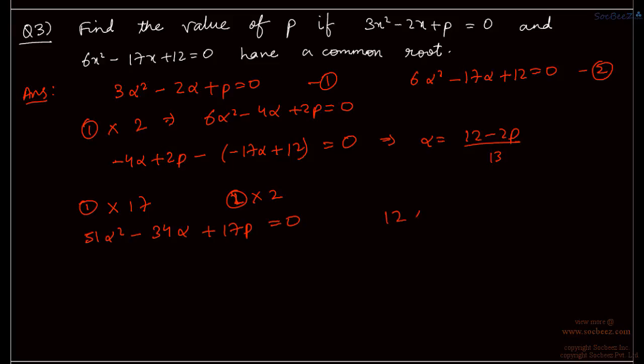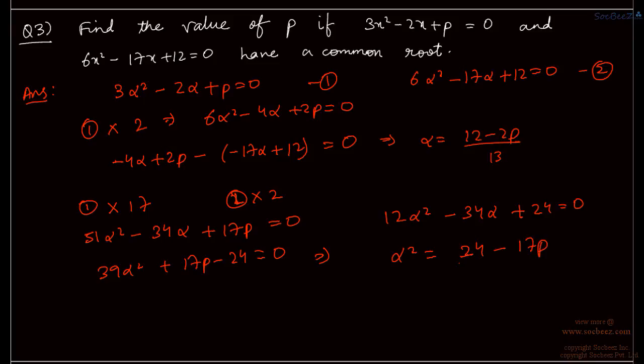I also have 12 alpha squared minus 34 alpha plus 24 equal to 0. Right? So let's subtract one equation from the other, and I have 39 alpha squared plus 17p minus 24 equal to 0. And that gives me alpha squared is equal to 24 minus 17p by 39, right?